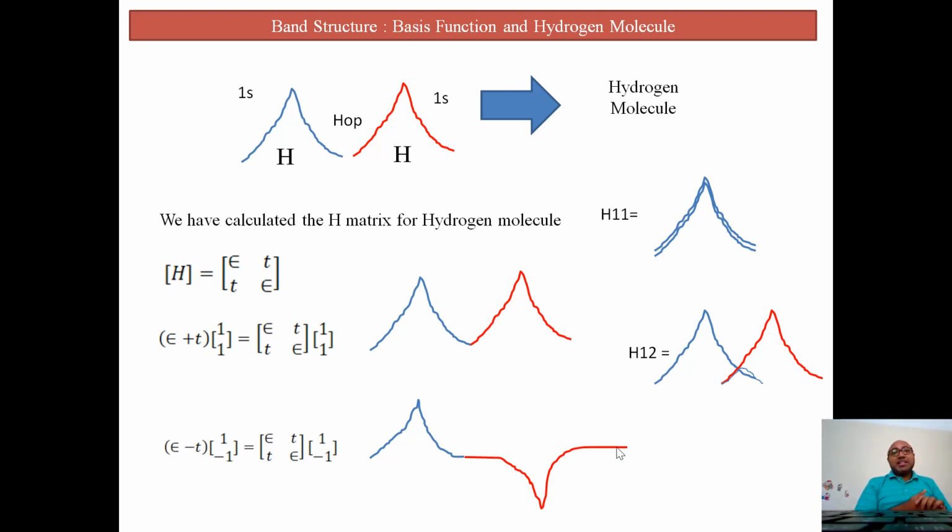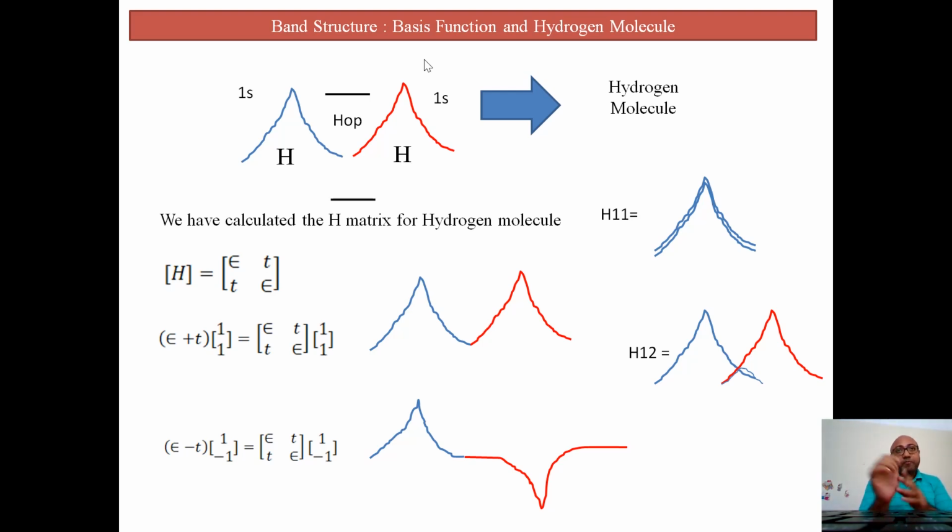Now, this is good because we have two such atoms sitting next to each other. It is well and good. When two hydrogen atoms come close to each other to form a hydrogen molecule, you find the energy will change.